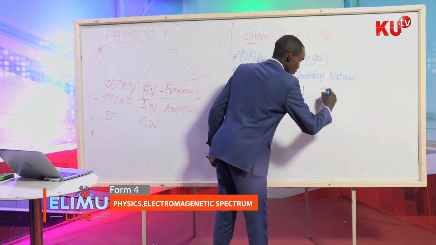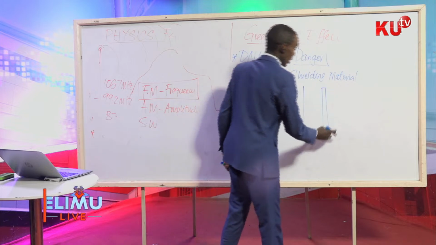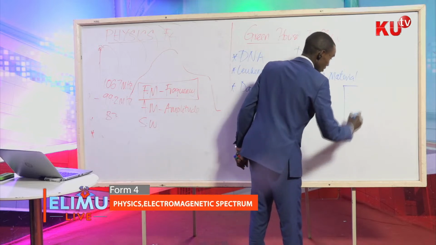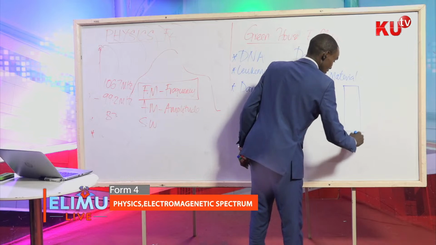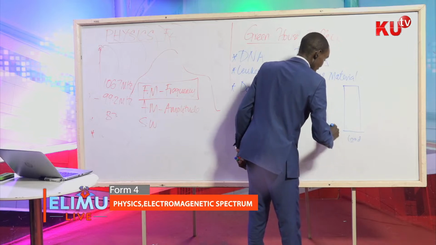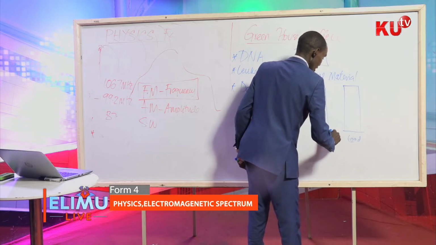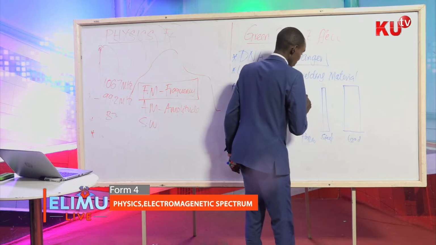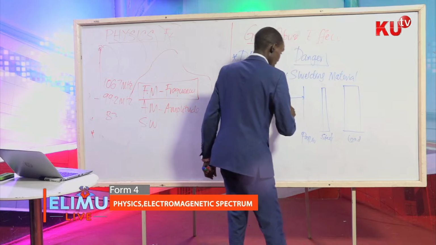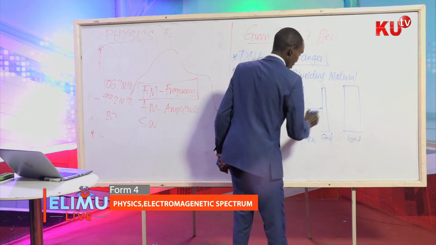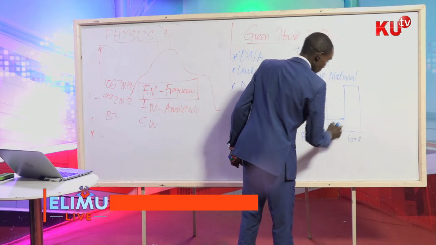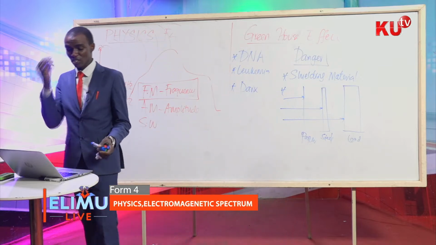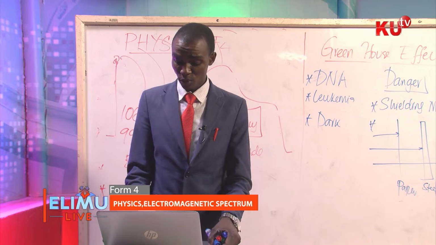Some of the particles will be stopped by an aluminum plate. Others will still manage to pass, but then will be stopped by lead. So we have lead, we have steel, and we have paper. Some will just be stopped by that, like the alpha and the beta, but then gamma will go all the way to lead. So if you're wearing a lead jacket, you will not get overexposed to this.